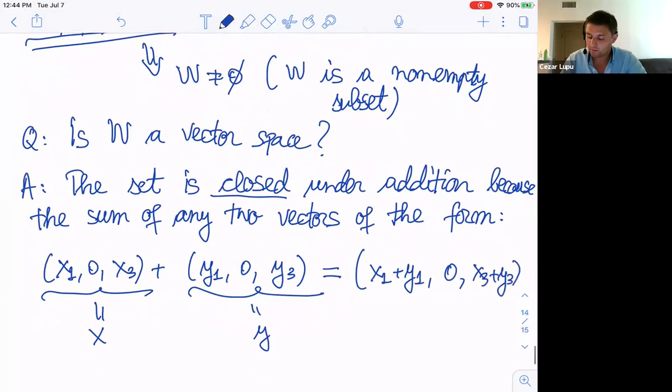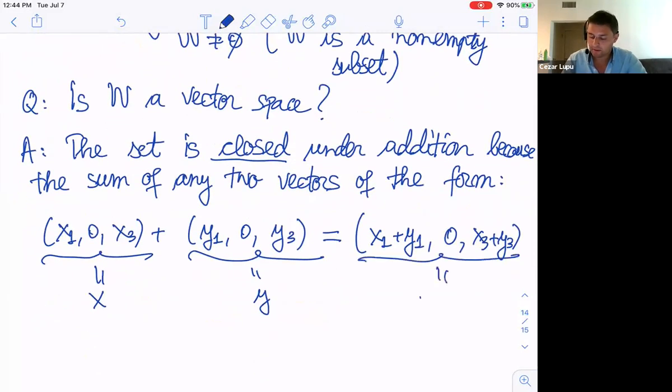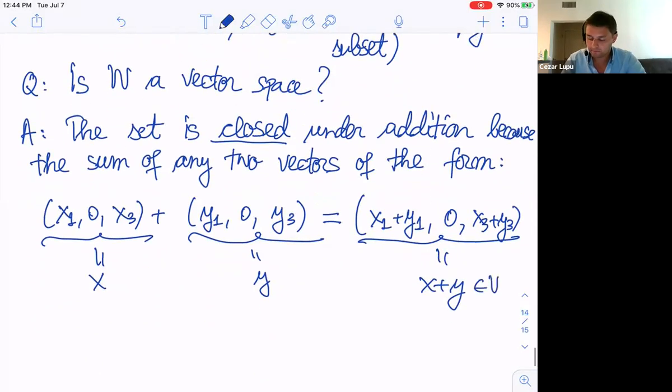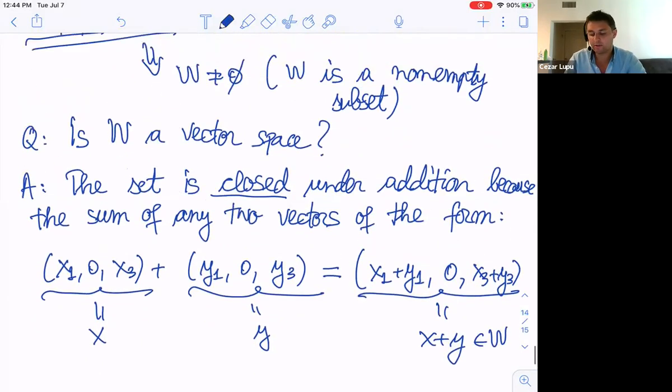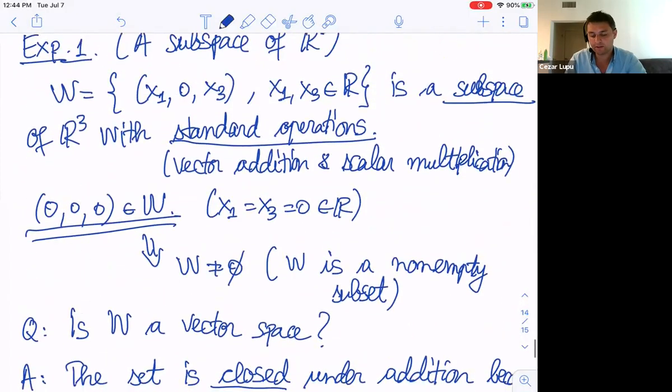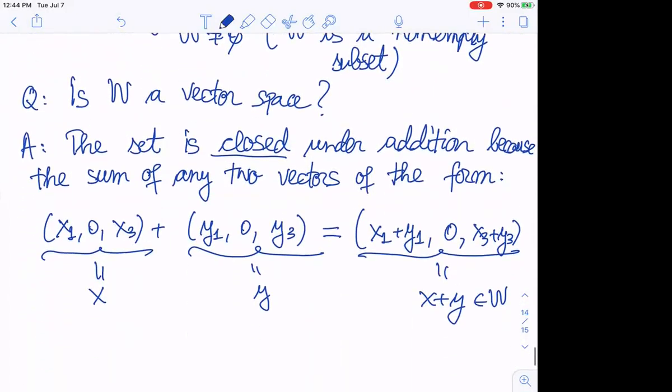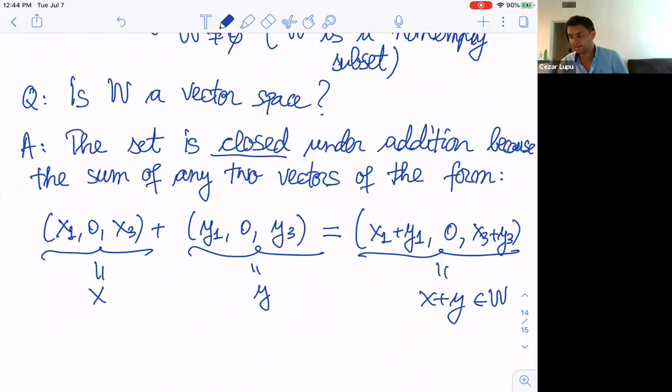Guess what? This will be the vector x plus y, and this x plus y also belongs to W, right? Because it has a 0. It's the same type of vector as you have seen in the definition, so the second component is 0. So indeed, it is closed under addition.